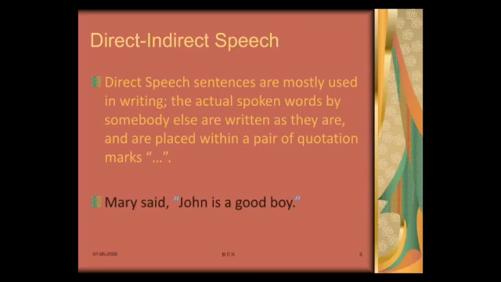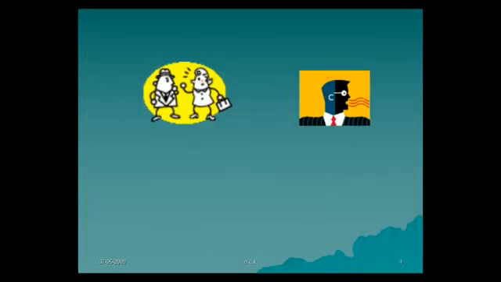What Mary said depends on the actual spoken words, which is known as direct speech. So what did Mary say? She said, John is a good boy. Now, John is a good boy is an actual spoken word, right? And we can also say it is what is heard or what is spoken by Mary.